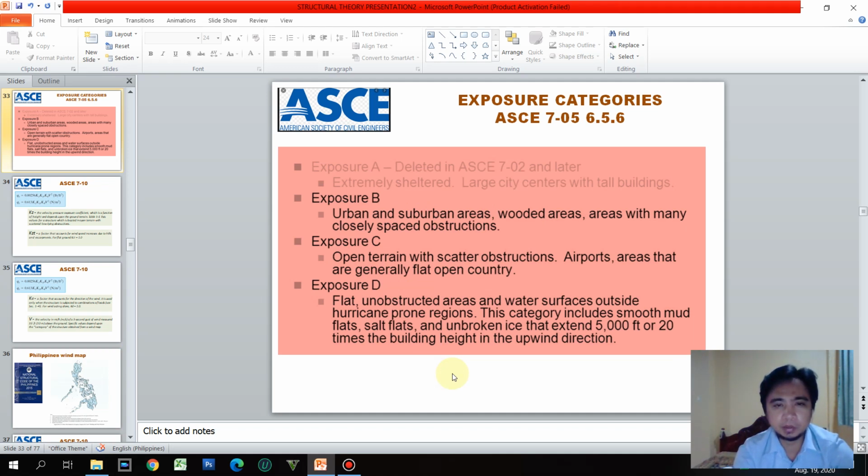So in wind load there are exposure categories. We have exposure A, which was actually already omitted in the latest version of ASCE. Exposure B: urban and suburban areas, wooded areas, areas with many closely spaced obstructions.